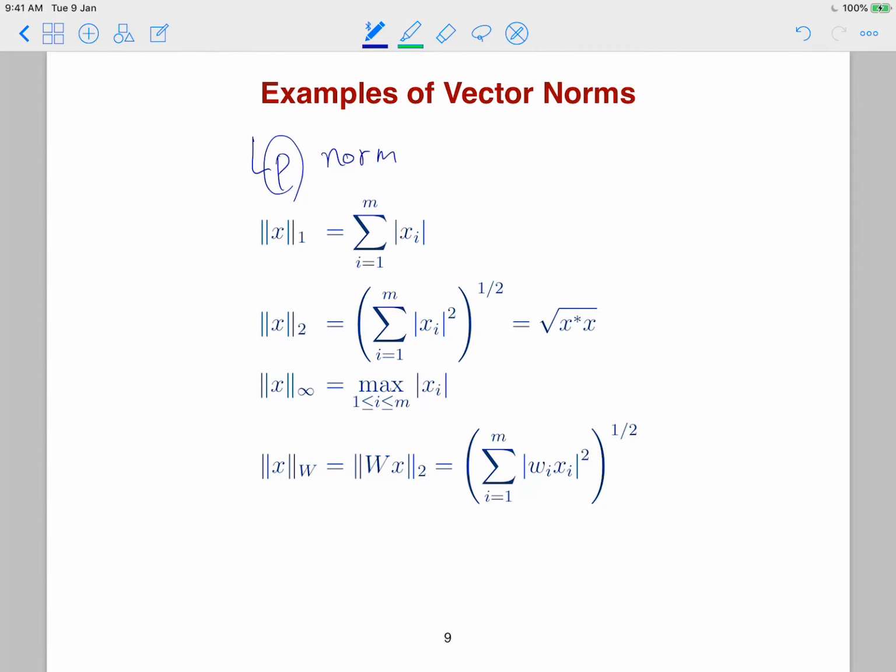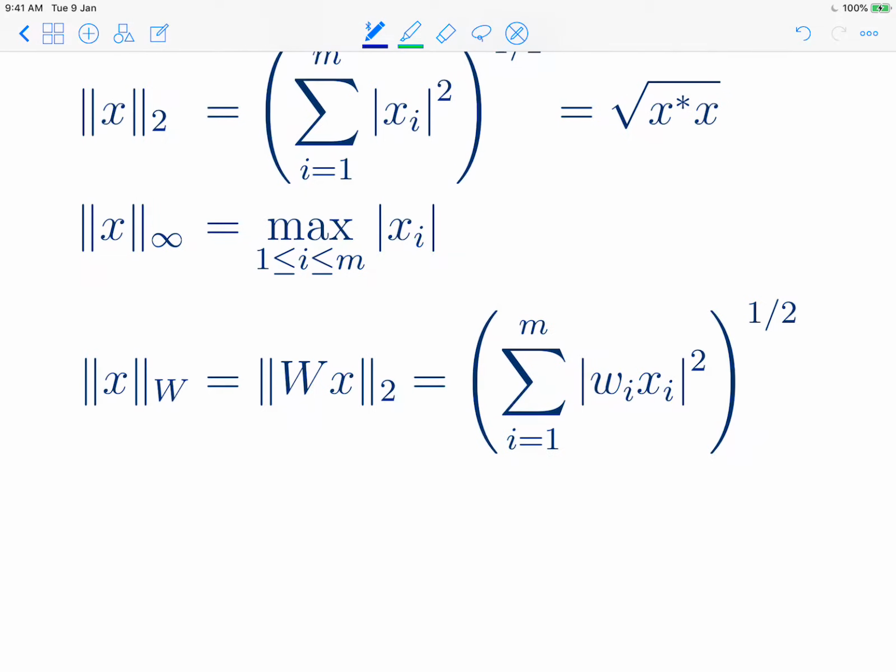And there is a more advanced vector norm where we additionally take the input of a matrix W, and in that case the LP norm is defined like this.